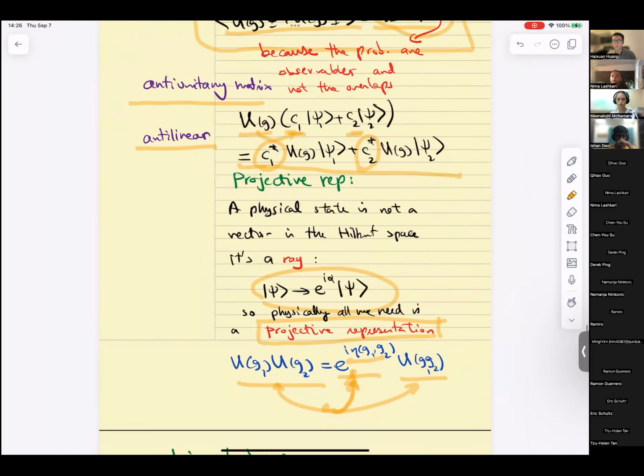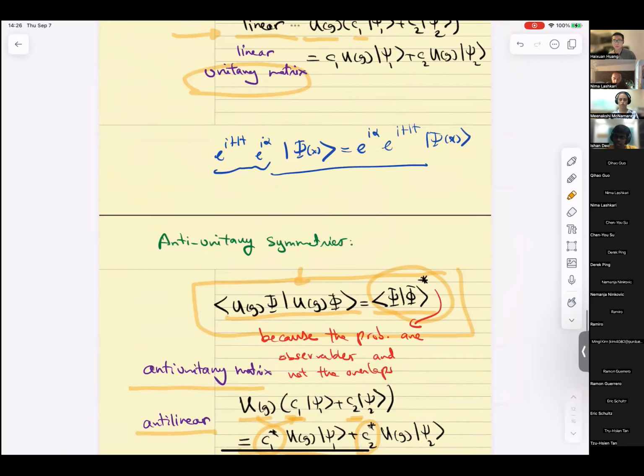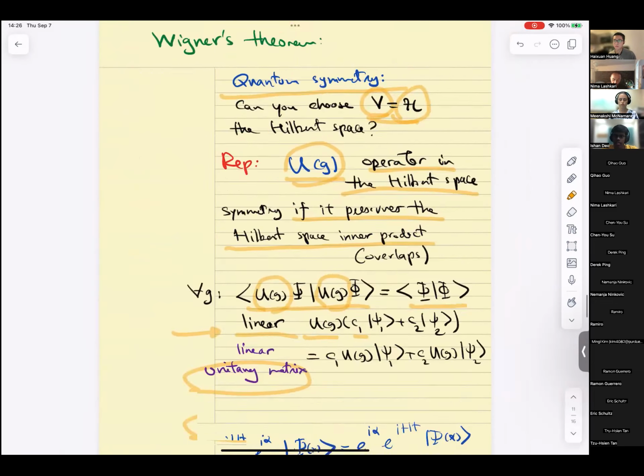Are there questions? So Wigner's theorem just says what kinds of representations we should care about, in the Hilbert space. Yes, correct.